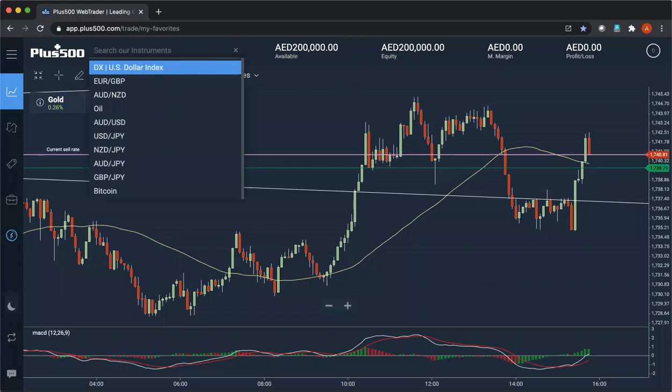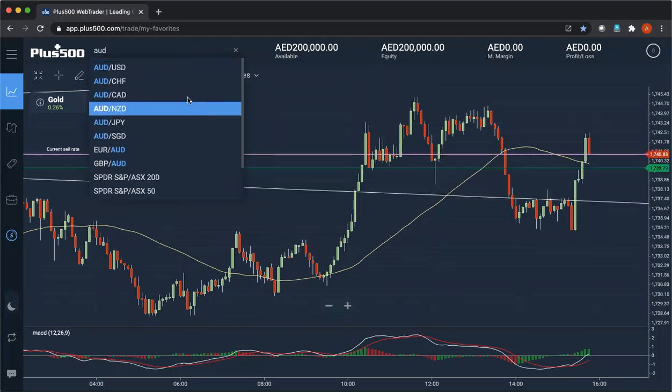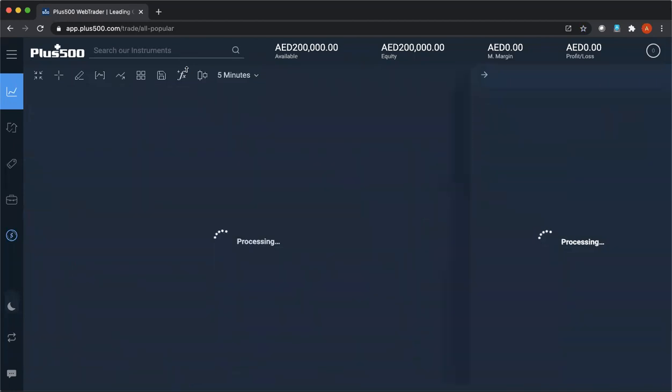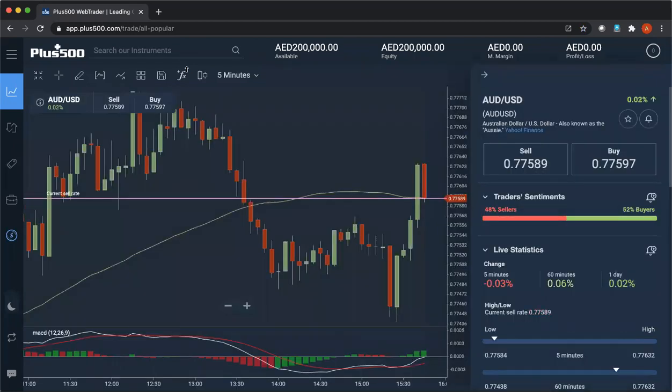Right now, I'll take you to the Aussie dollar chart because we want to have different charts.